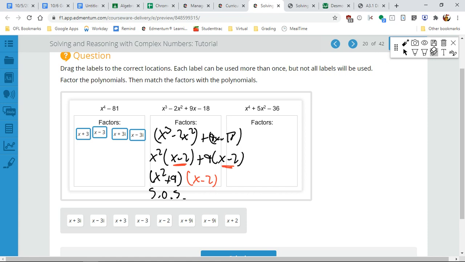So I'll give you guys some time to copy that down. I realize I'm going fast. Let me know if I'm ever going too fast for you guys to take notes. But we get this SOS right here. Looking at it as an SOS, this has to be x plus 3i, x minus 3i.